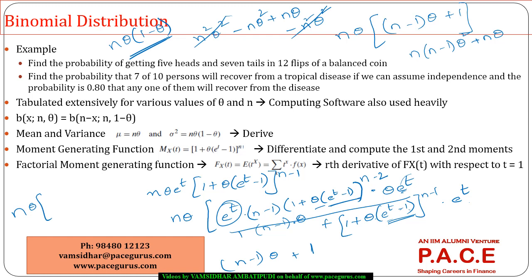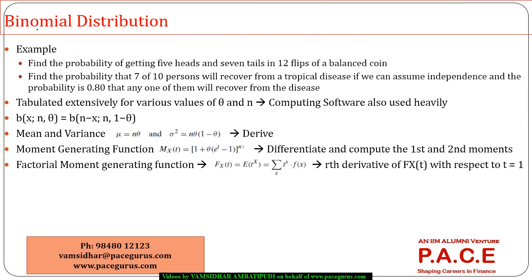Even for the above numericals, I can very well find out the mean and the variance here. N is 10 and theta is 0.8. So n theta, which is the mean, is coming out as 8.